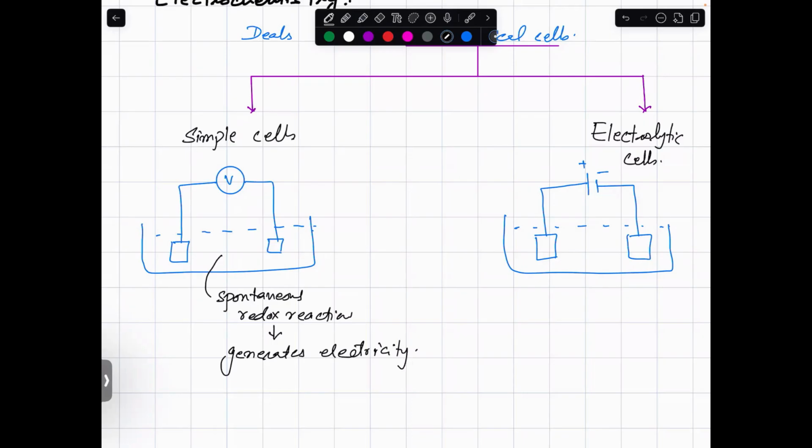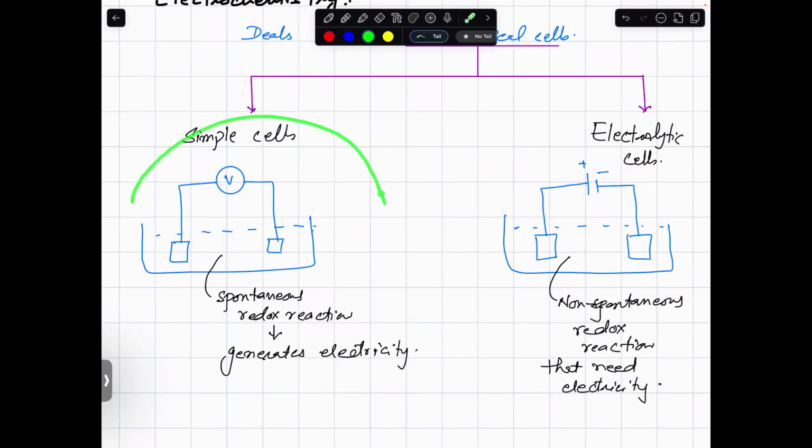In electrolytic cells, there is a non-spontaneous redox reaction that needs electricity, current.